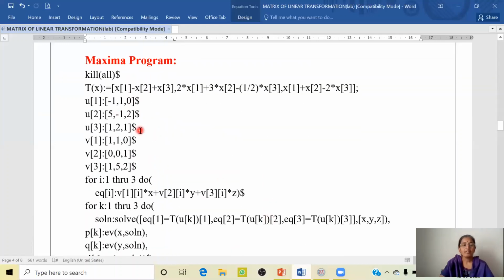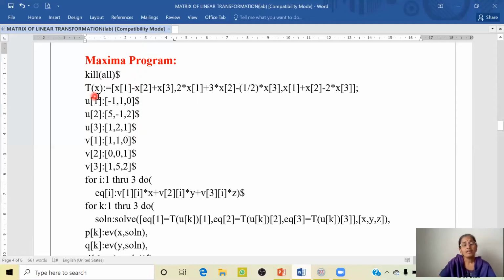To begin with, we have the first line of the command, kill all. We have seen in the previous lab that the kill command deletes all the user variables, functions, arrays, and resets all the internal variables to their default state.